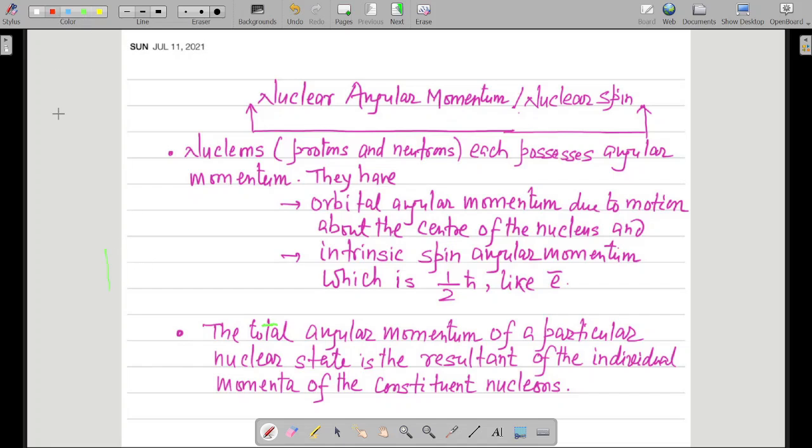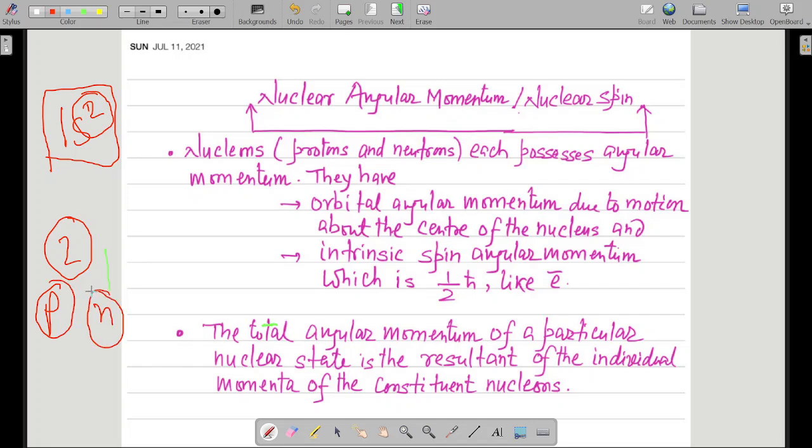Now how to write the nuclear configuration you don't know, but suppose the nuclear configuration is 1s2. Then the total angular momentum of this particular nuclear state will be the resultant of the individual momenta.